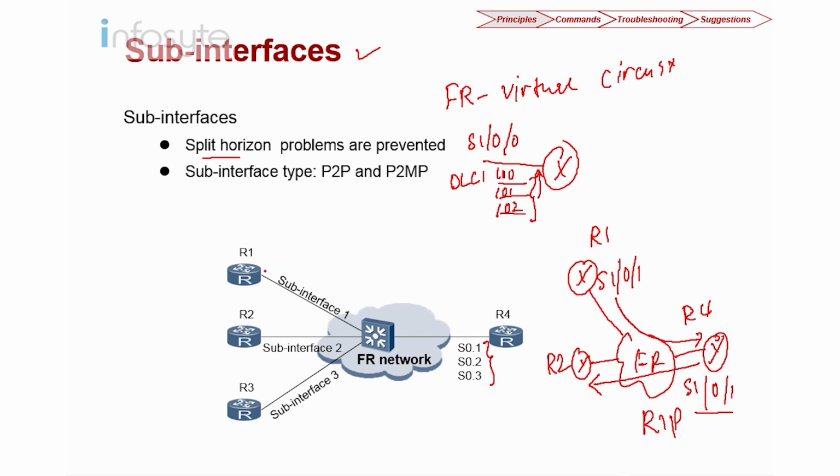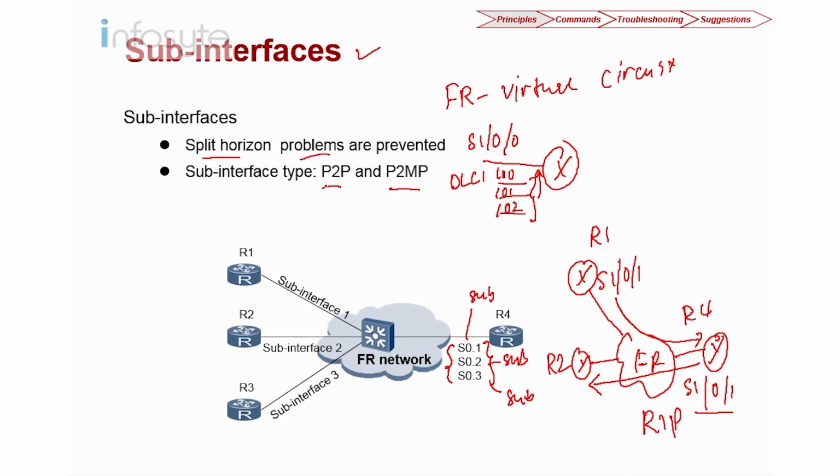For each of these, we are going to create a different subnet. S0.1 will be one subnet, S0.2 will be another subnet, and so on and so forth. Each of these we can configure as point-to-point or point-to-multipoint. This is for us to solve the problem of split horizon.